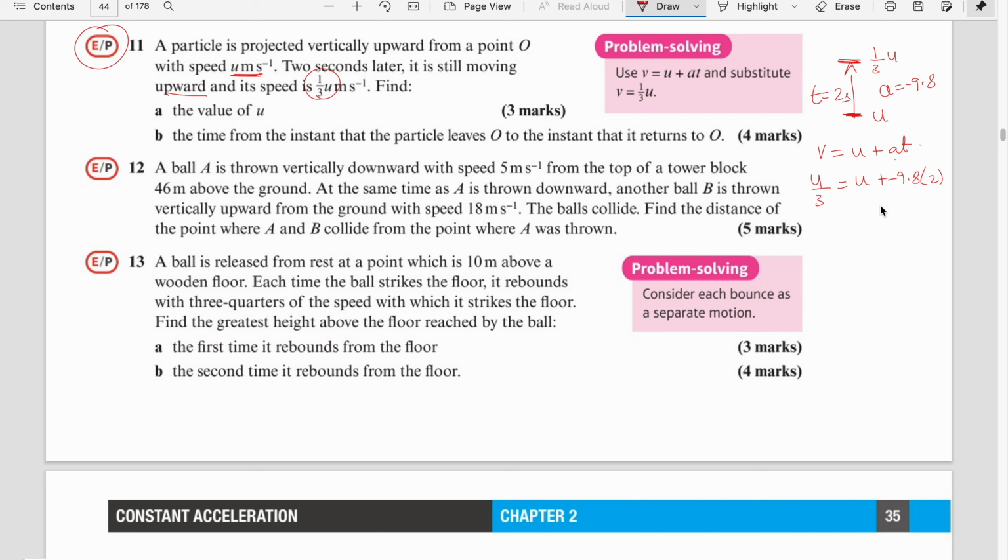So we rearrange. 9.8 times 2 is 19.6. I'm taking it to the left hand side, and then u by 3 subtracted from 1 is 2 by 3 of u. So 19.6 times 3 divided by 2, and the value of u is 29.4.